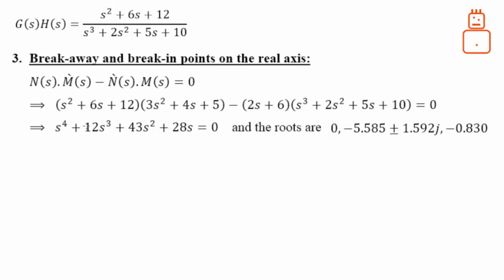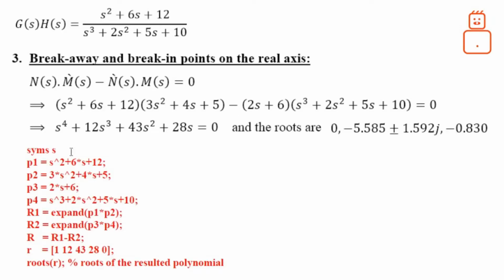We can factor out the s, and we will have 3 other roots. Two of them are complex, so those will not be useful. We may use the 0 or may use minus 0.8, or we may not use any one of them. It depends on the branches and the location of the poles and zeros.